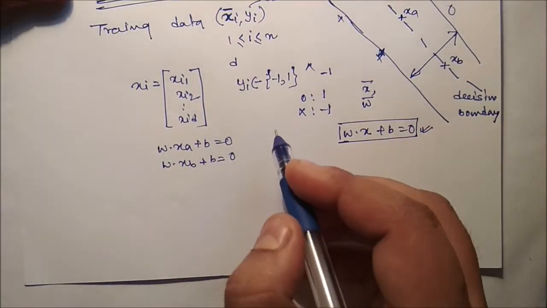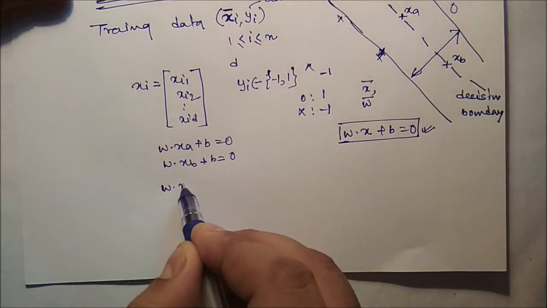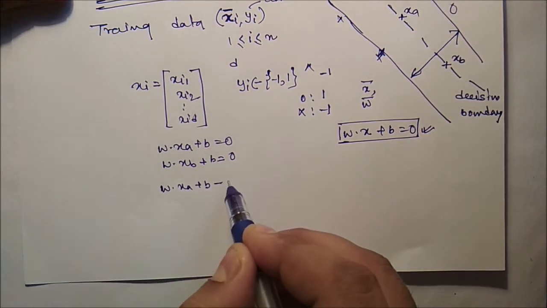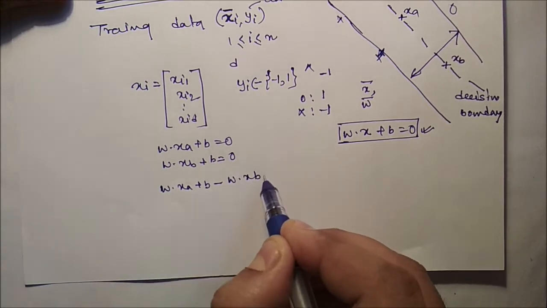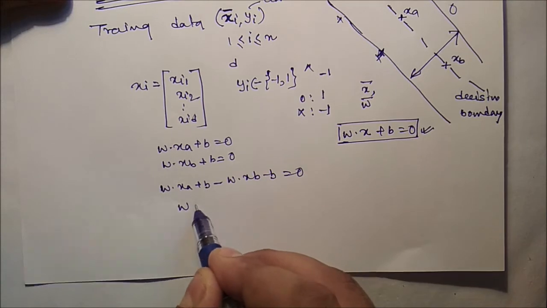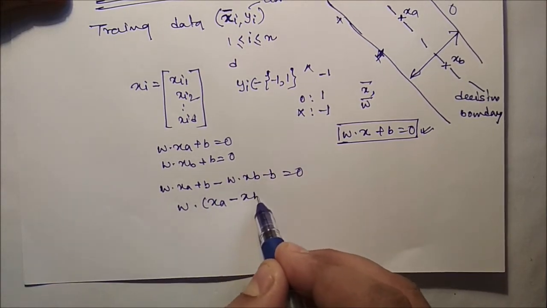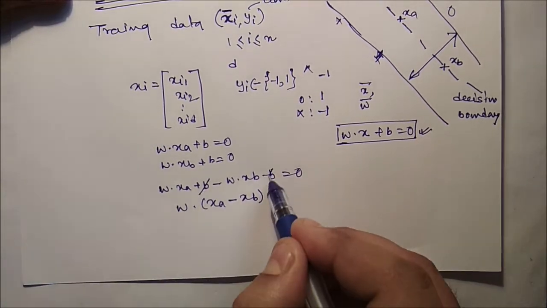Now if you subtract, we get w·xa plus b minus w·xb minus b is equal to 0. So w·(xa minus xb) is equal to 0, because we can cancel the b.